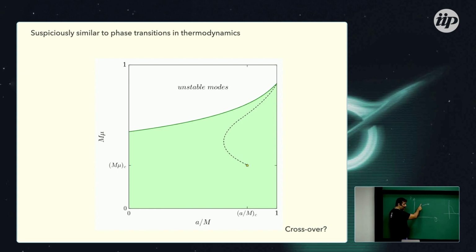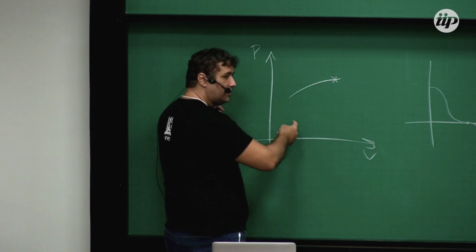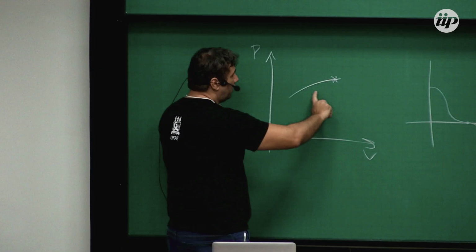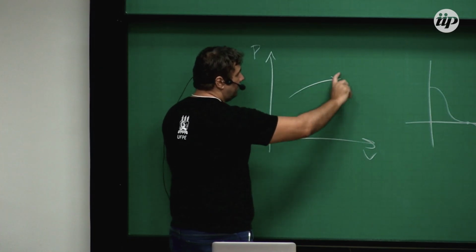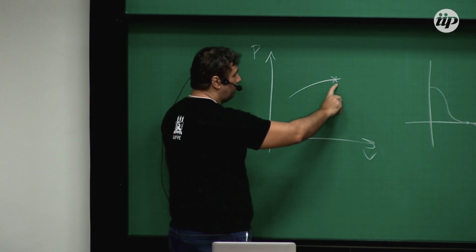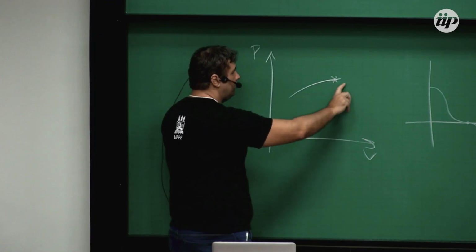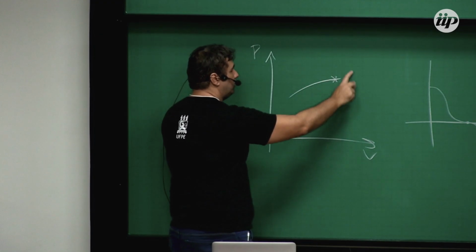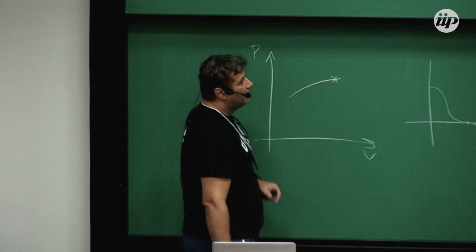And here, the largest eigenvalue would be associated to vapor. On the coexistence line, both of them are equal, but there is some discontinuity in the derivative. There's some discontinuity in the free energy here. You can go from one phase to the other by going past the critical point where both of them are equal and there is no discontinuity, and then you can move between one eigenvalue or the other adiabatically if you go around here.